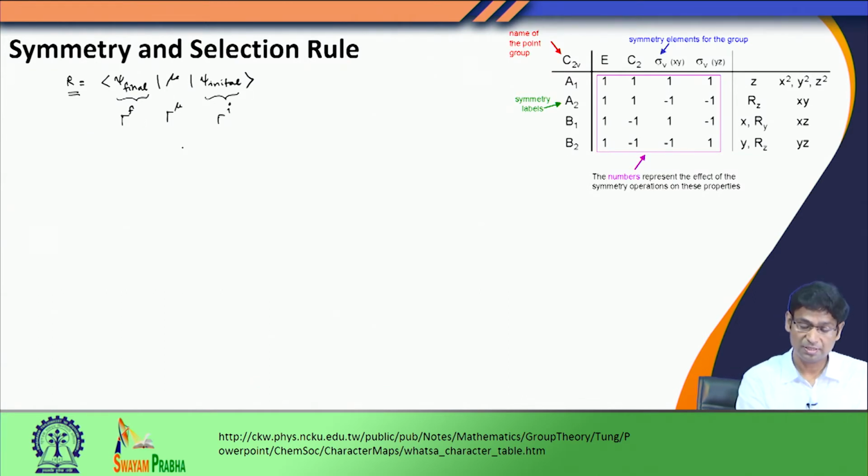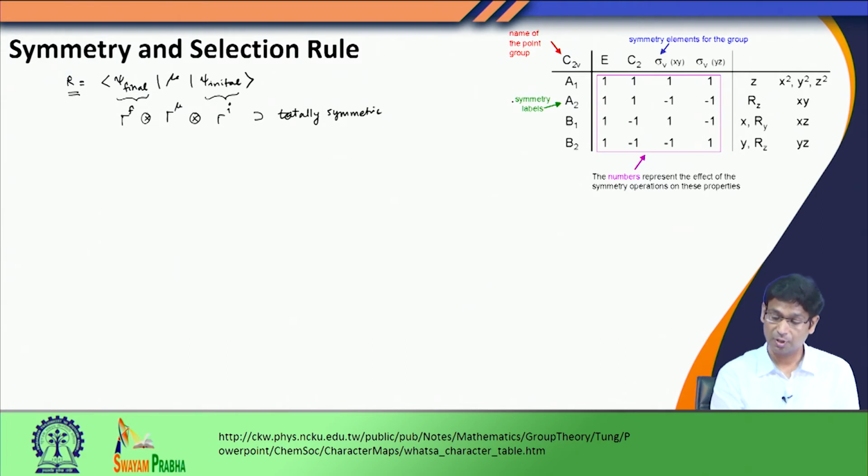So, to derive the symmetry selection rule, we have to ensure the direct product of these 3 irreducible representations, or these 3 symmetry levels, must contain the totally symmetric irreducible representation.